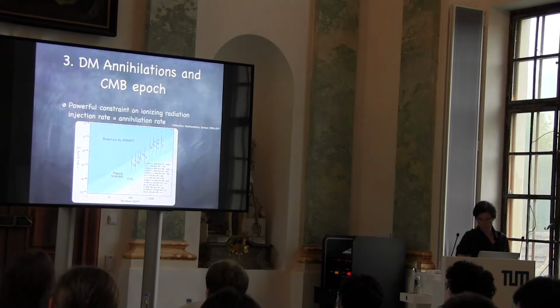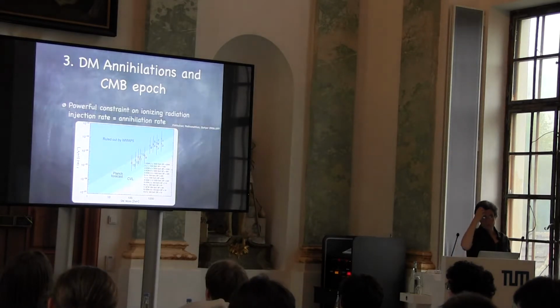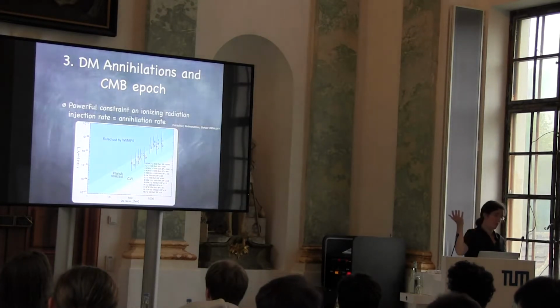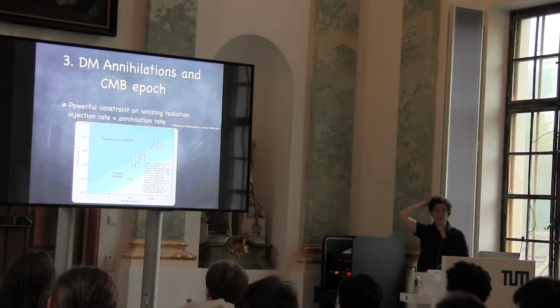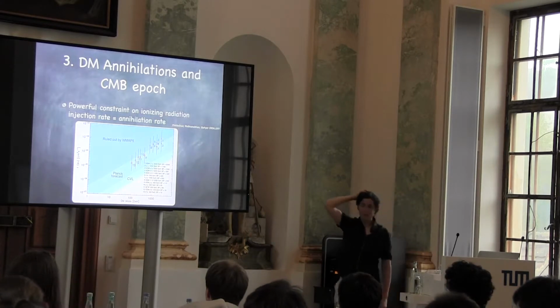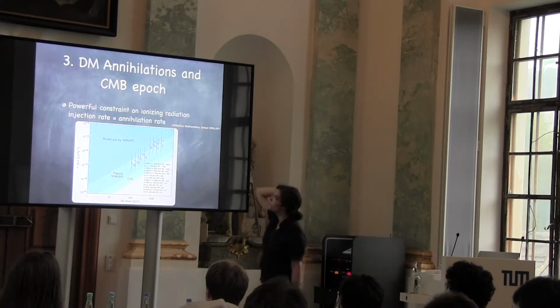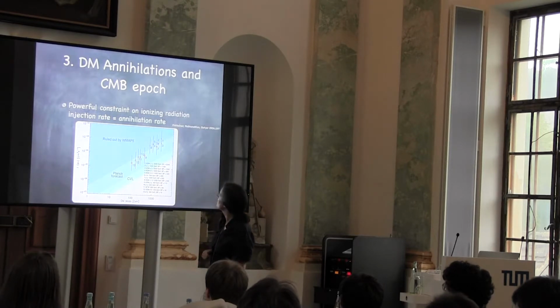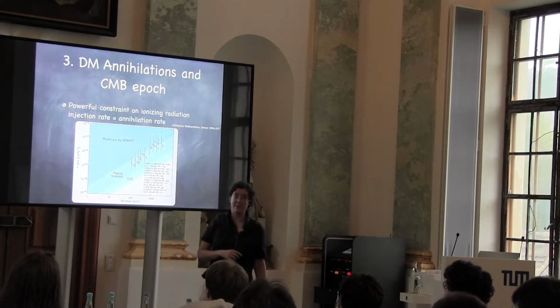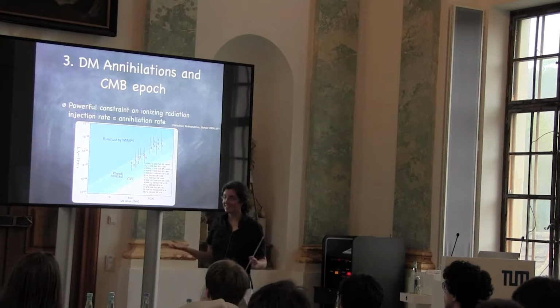Well, the reason is that as the dark matter becomes lighter, its number density becomes higher, just because you're fixing it to the overall energy density in the universe. And so as a result, you get a very powerful constraint on the amount of ionizing radiation. And there have been a number of updates since this first result almost a decade ago. But the essential physics and actually the constraints haven't changed very much.